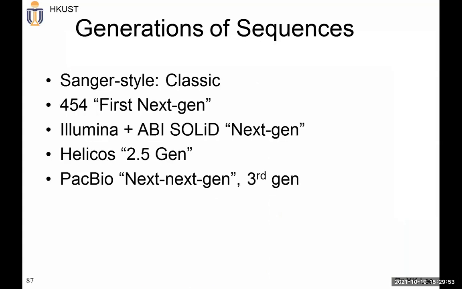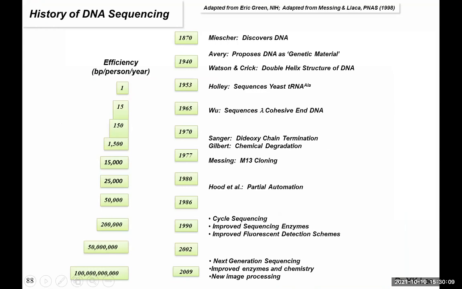There's a series of technologies: the conventional Sanger method, then 454, Illumina, Helicos, PacBio, and so on. There's a long list of different technologies that people continue to develop.